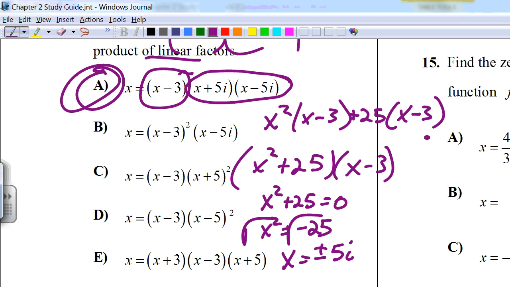Divide by 9. 16 over 9 equals x squared. Now I square root the whole thing. Square root of 16 is 4. Square root of 9 is 3. So we have plus 4 over 3 and minus 4 over 3. Don't forget to do the plus and minus because we did a square root.